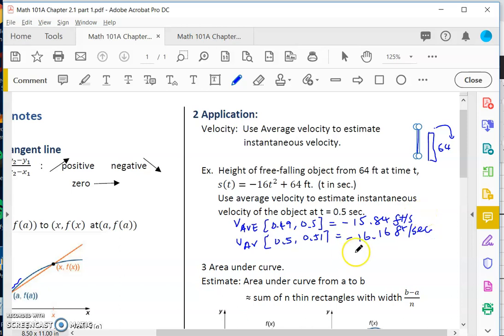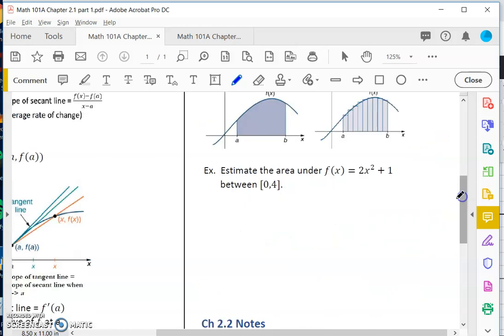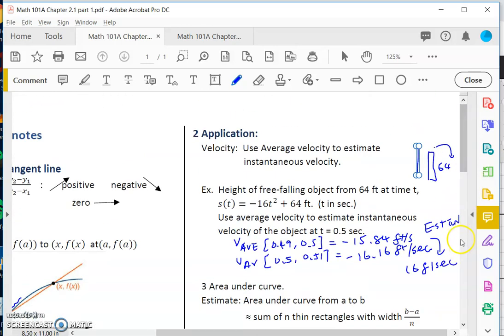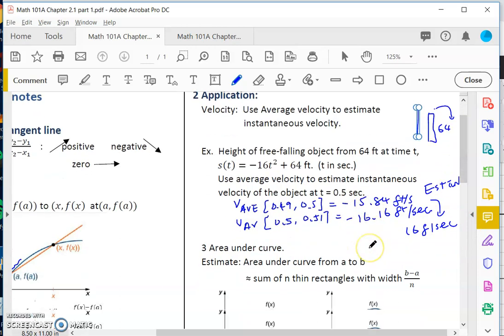So you can see they are approaching a number. What do you think it would be? They are approaching negative 16 feet per second. So we can say we estimate the instantaneous velocity at 0.5 second would be negative 16, because just before it is negative 15.84, just after it is negative 16.16.